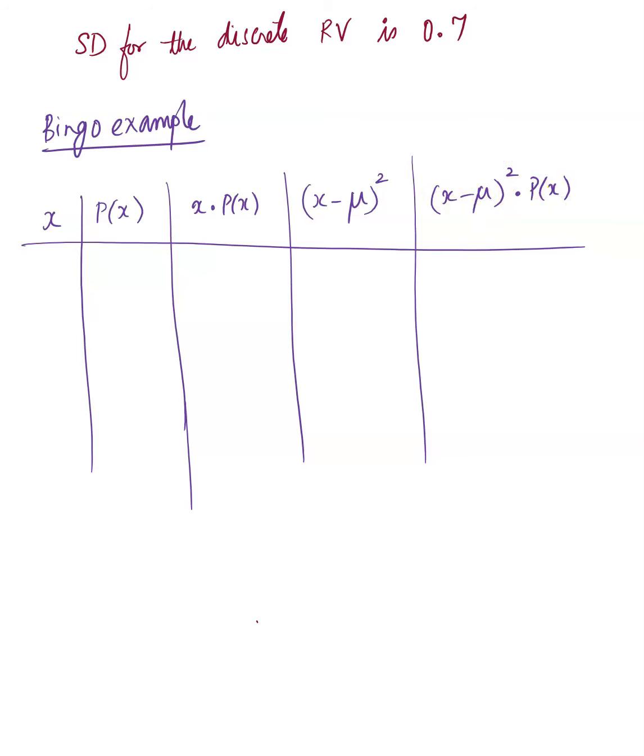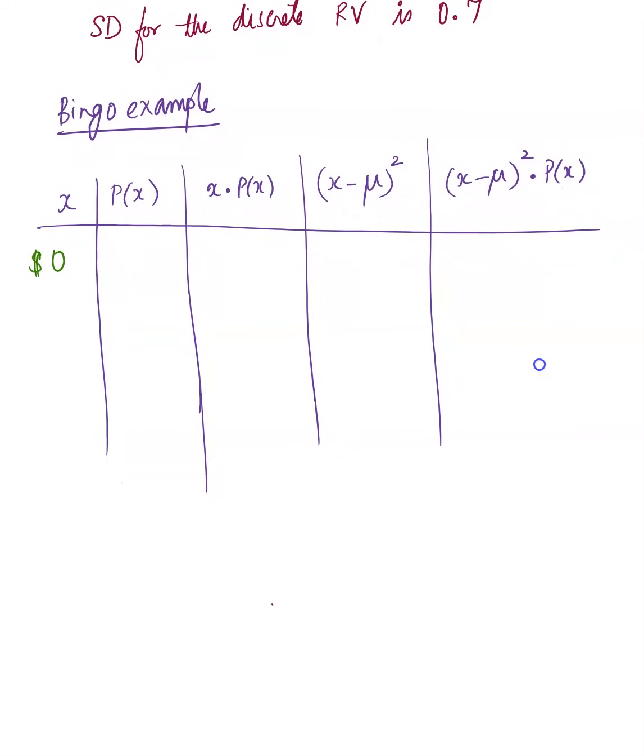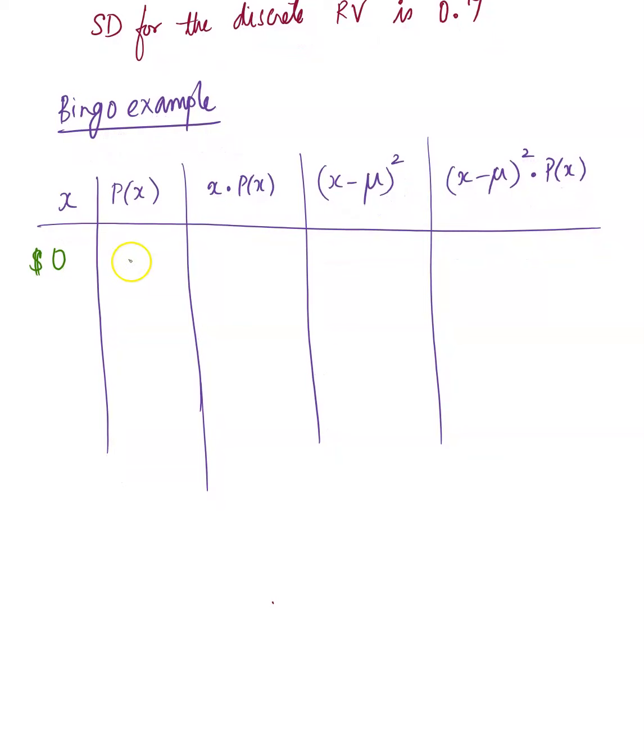The entries here were, I want to put the $0 first. Remember, we figured that out to be 0.39, the leftover. So that's 0.39. 10 was 0.4, 25 was 0.2, and 50 is 0.01.